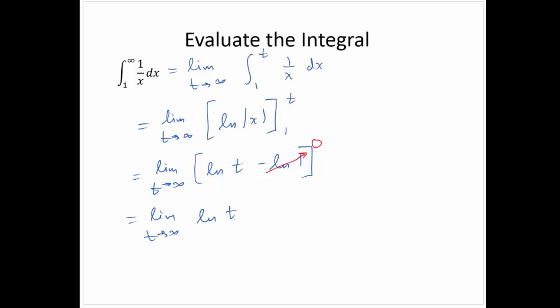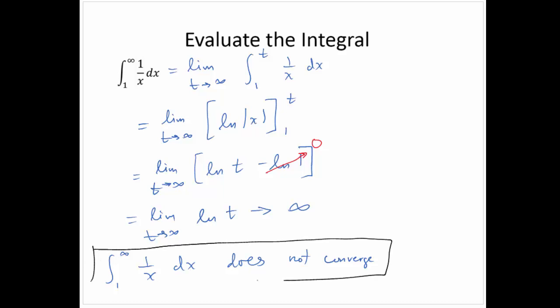Well, as t approaches infinity, the natural log of an infinitely large number is still infinitely large, and so this approaches infinity. And so what we would say is the integral from 1 to infinity of 1 over x dx does not converge. Let's keep that in mind. We're going to actually reference this exercise later on in this section.